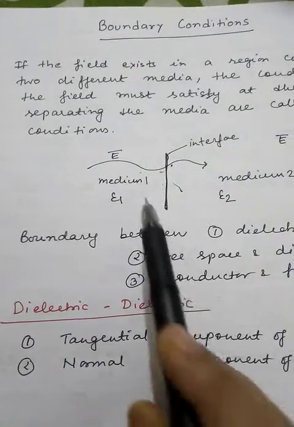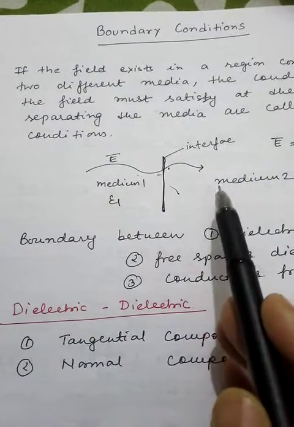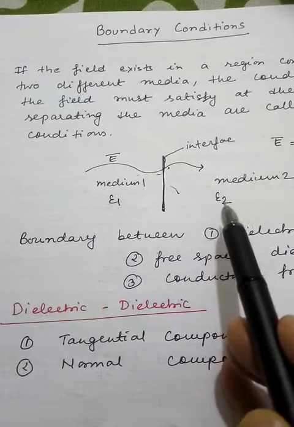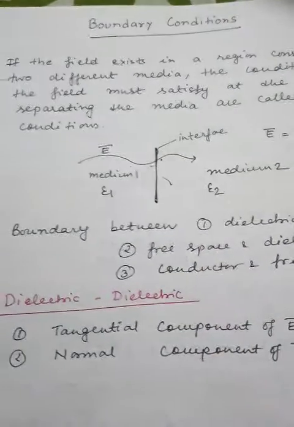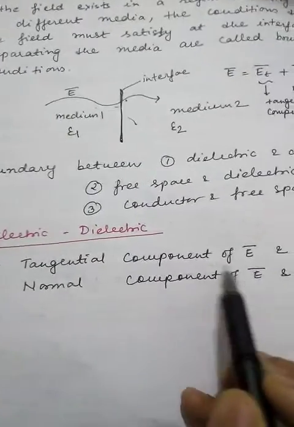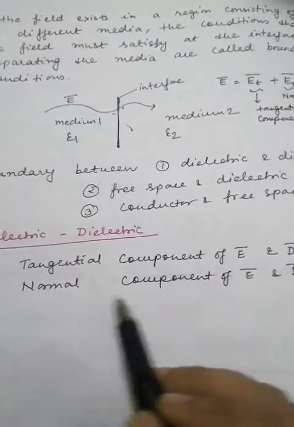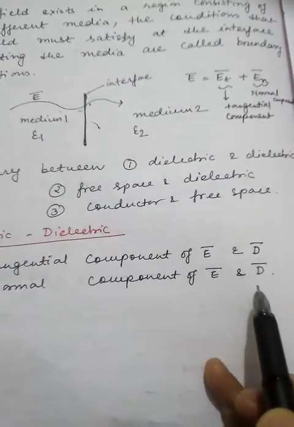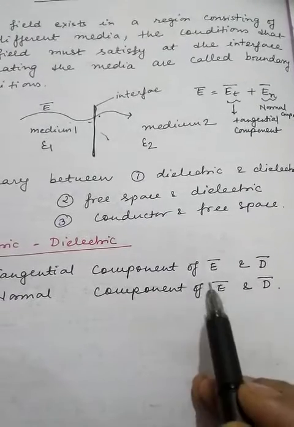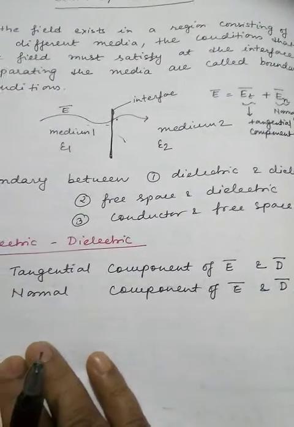That is, one medium is a dielectric, another medium is also a dielectric of dielectric constant eta 2. Okay, now as I have said, we will consider two things: the tangential component of electric field and electric flux density, and the normal component of electric field and electric flux density, individually. So first of all let us take the tangential component.